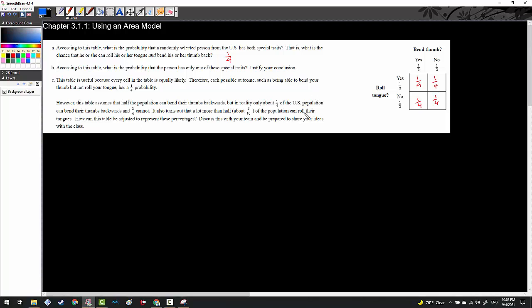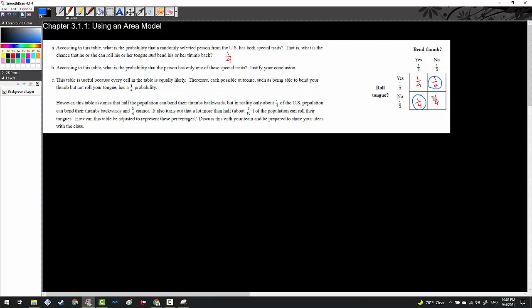In part B, it talks about, according to this table, what is the probability that the person has only one of the special traits? And we have to justify our conclusion. This is going to be a little odd, because most people are going to look towards the yes portion of each one, but actually our information comes from the no portions of each section.